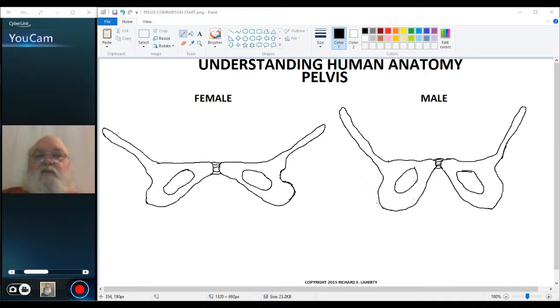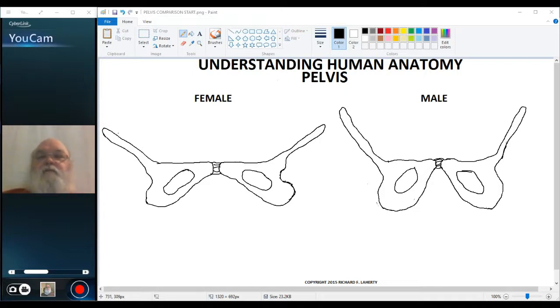This is a continuation of our discussion of the pelvic cavity, and in particular we're discussing the pelvis. In this video, what I'd like to do is discuss the differences between the male and the female pelvis.